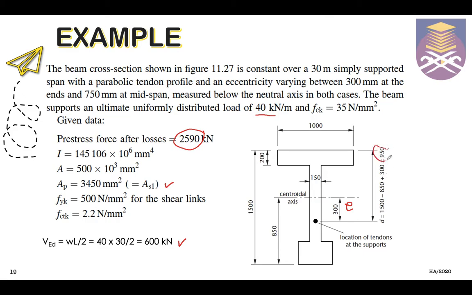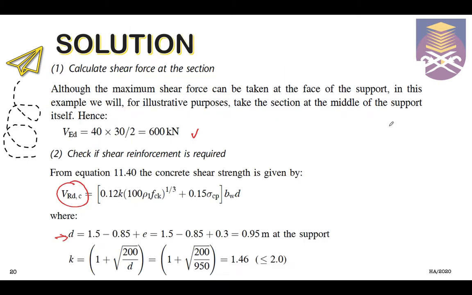So we have 950 as the d value. Since we are designing for shear reinforcement, the maximum shear usually happens near the support, so the d value should be calculated to the location of the tendon at the support.